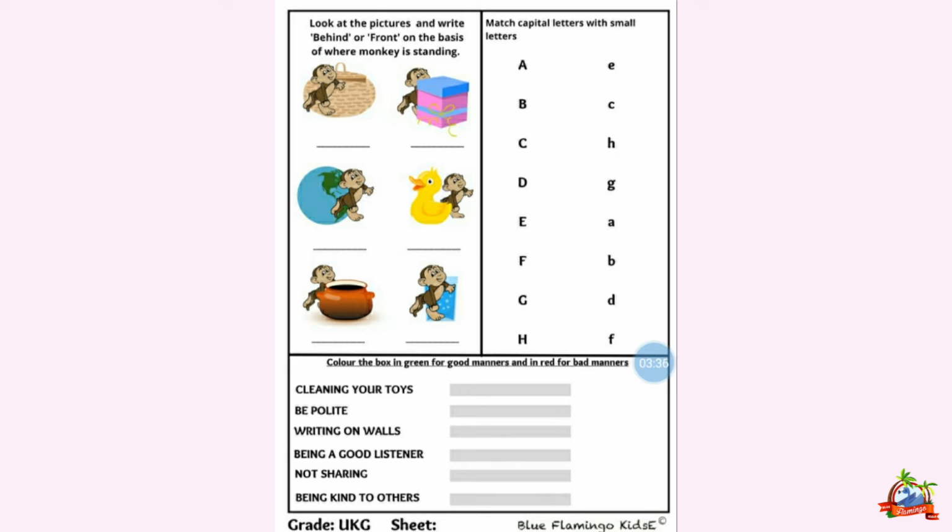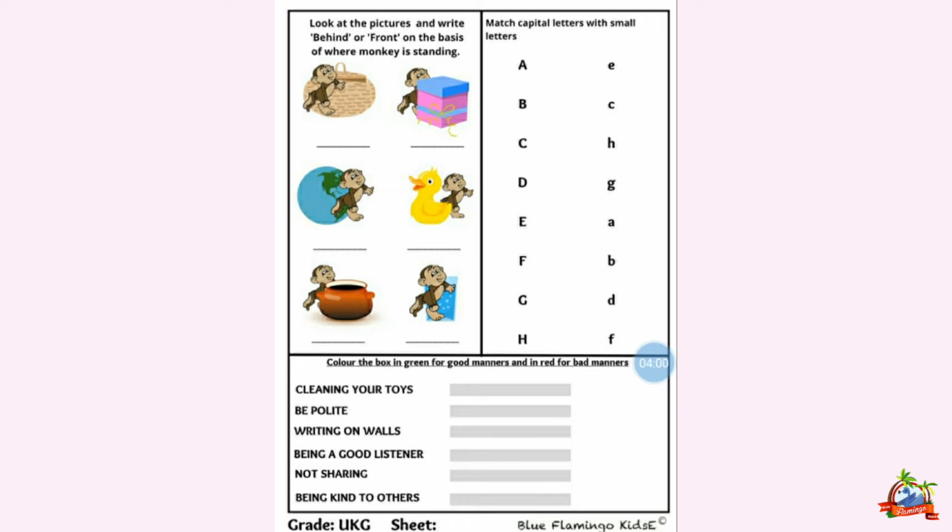You can see that in the third picture the object is earth. Where is the monkey standing? Monkey is standing in front of the earth. Earth के सामने है, आगे है. So we will write front. And in the fourth, the monkey is behind the duck.